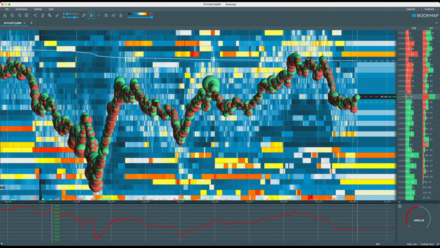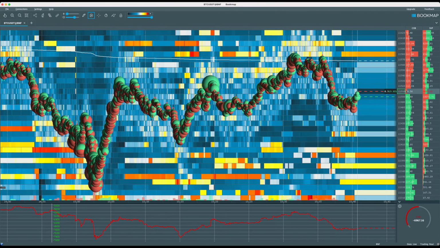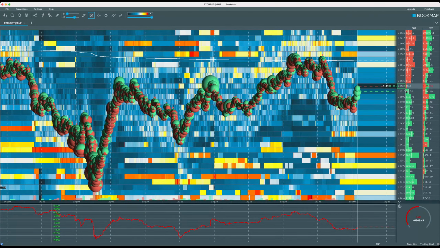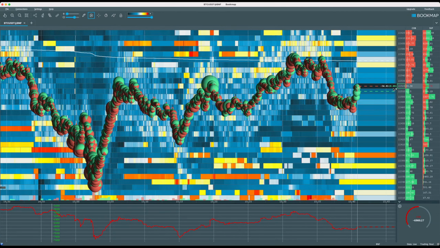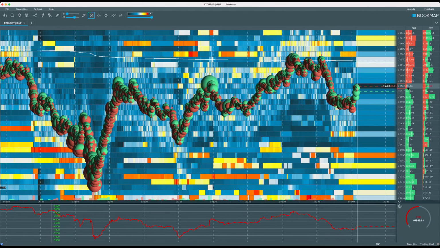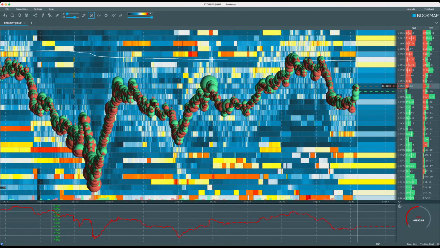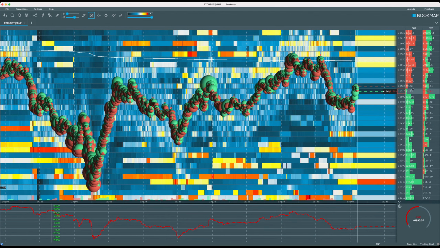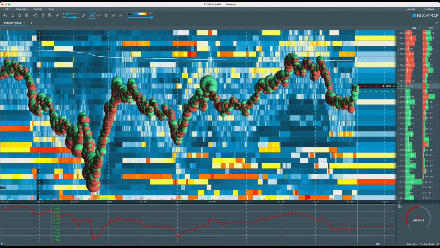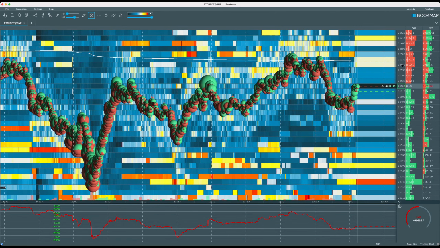So if you've got 50 people all doing big orders at the same price point, and we run out of liquidity at this level, it will move up to the next level, or down a level, or down 3 levels. Sometimes you'll see the price rattle through 5, 6, 7 price points. That's called slippage. Again, remember that each one of these is 10 ticks. It will jump up like 4 or 5 times 10 ticks.